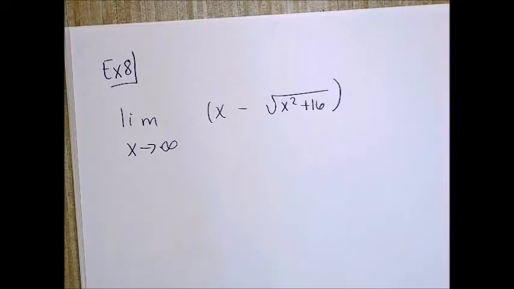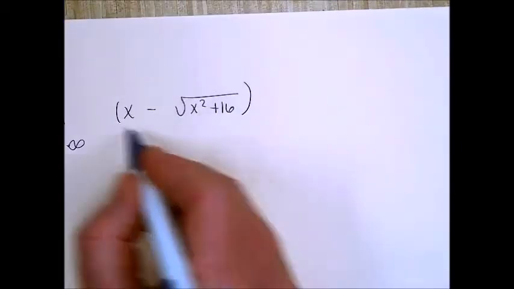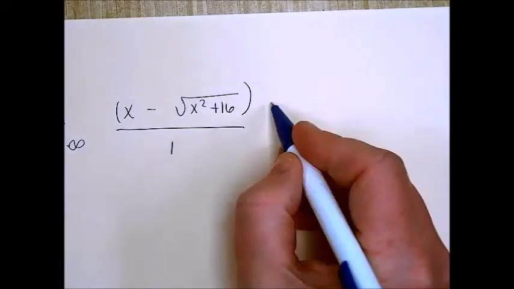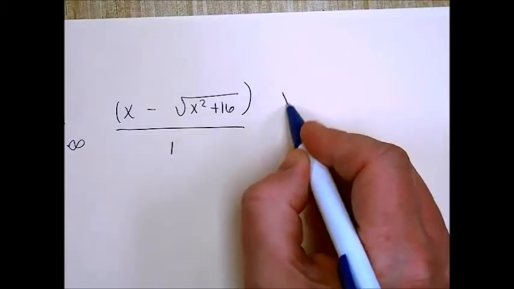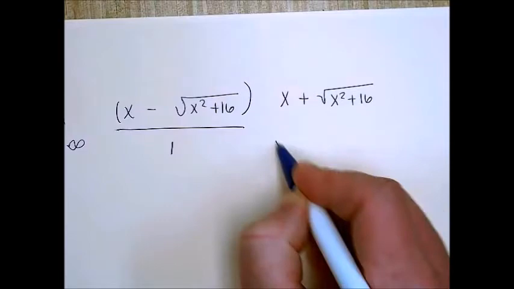We don't know which one's bigger. So we are going to multiply the numerator and the denominator by the conjugate of the radical expression. Now, of course, the denominator here is 1. We're going to multiply that by x plus the square root of x squared plus 16.